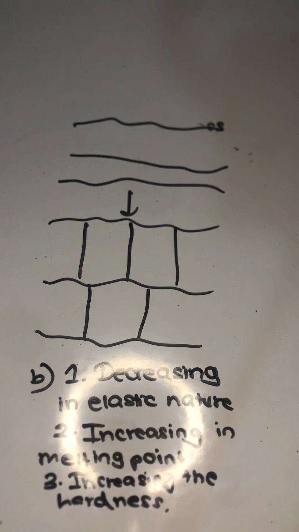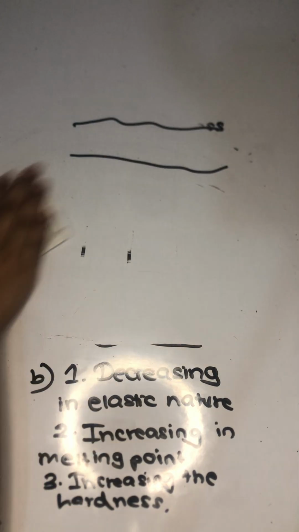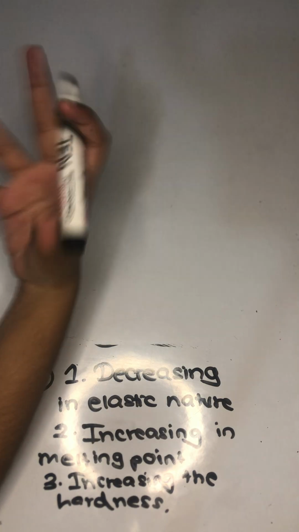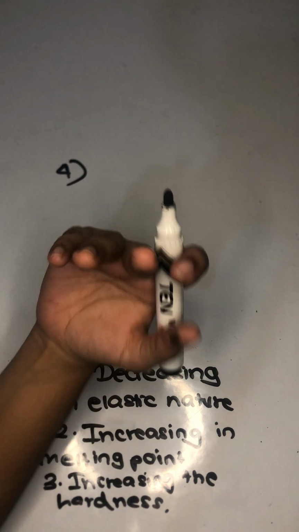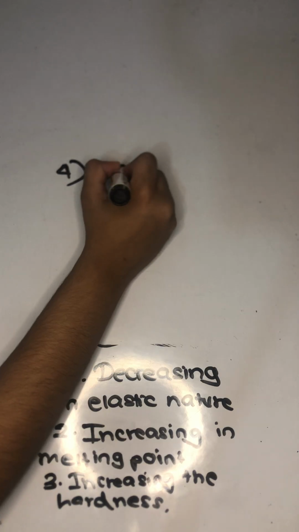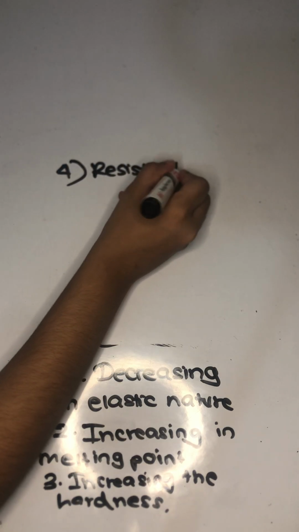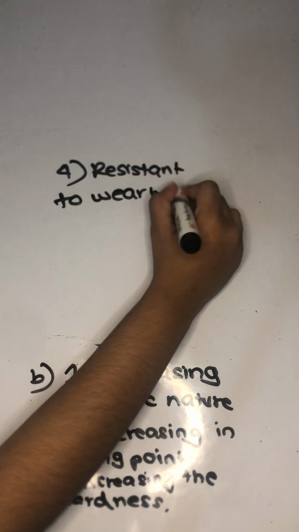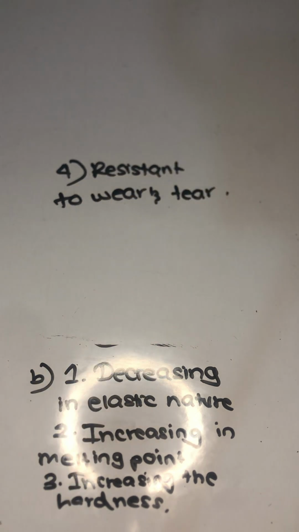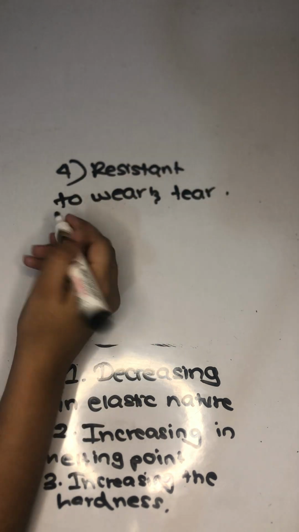Okay, if you take the fourth point, what's the fourth point? If it's very hard, that means it's resistant to wear and tear. It won't wear off or tear off very easily. So that's another answer we can take: resistant to wear and tear. Okay, and then it is increasing the strength.